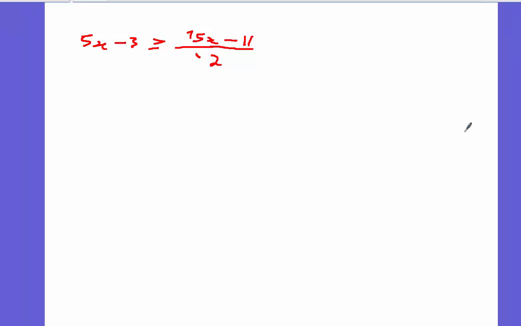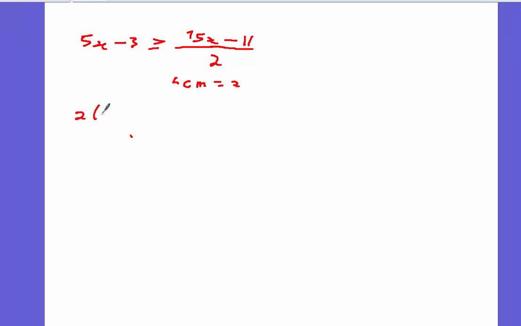Good, all out of 2. So with this question, because it is a fraction, the first thing we will do is to look for the LCM, and of course the LCM is equal to 2. So from this expression, we are going to multiply each side of the inequality by 2.